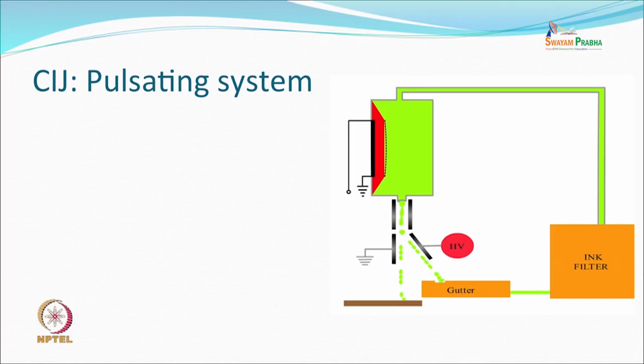So within the same type of continuous, it's a pulsating system. Continuously means that for some time it produces some high frequency, and a large number of drops, one after the other, follow, and then there is a gap.